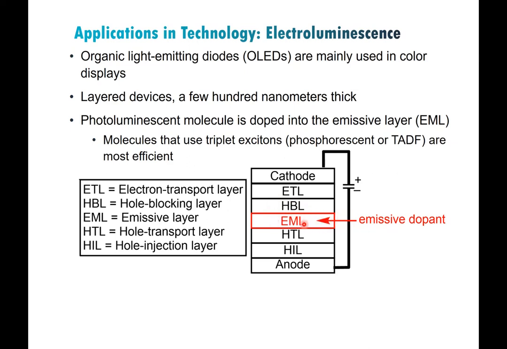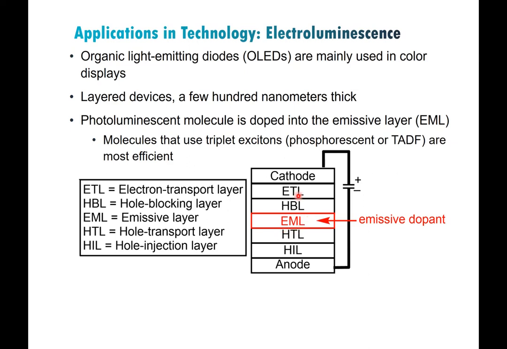But in addition to that, you have an electron transport layer, often a hole blocking layer, hole transport layer, hole injection layer. All those are really doing is making sure that the excitons are efficiently collected at your emissive layer. Because if you generate an exciton, but the electron and the hole recombine before they diffuse to the emissive layer, that's basically wasted energy.